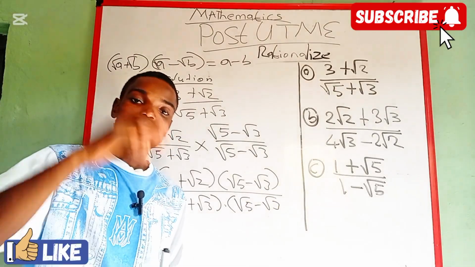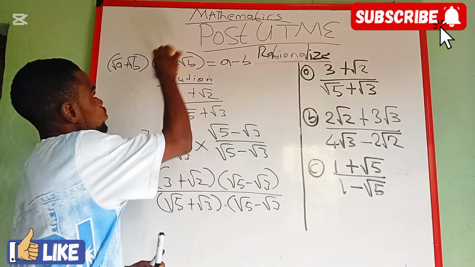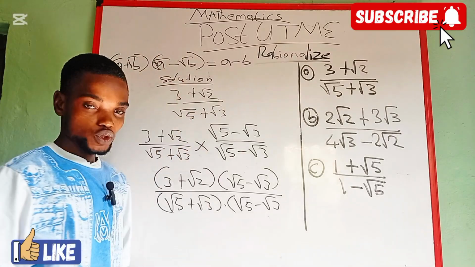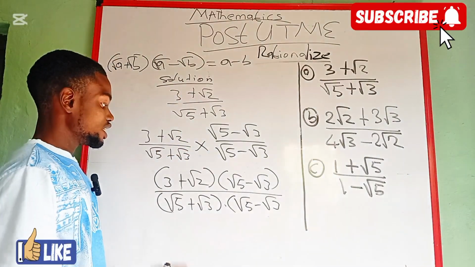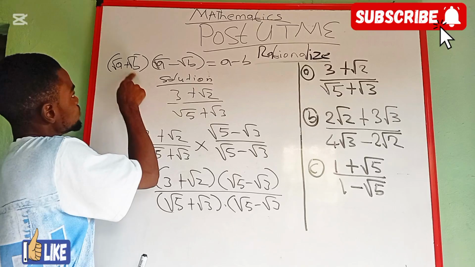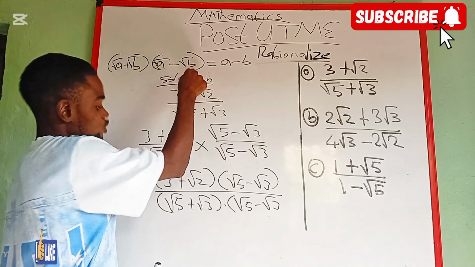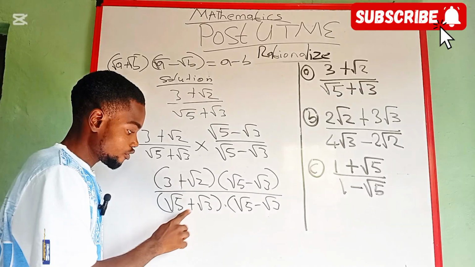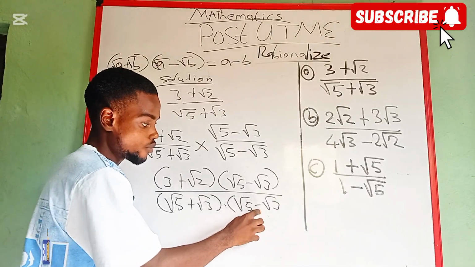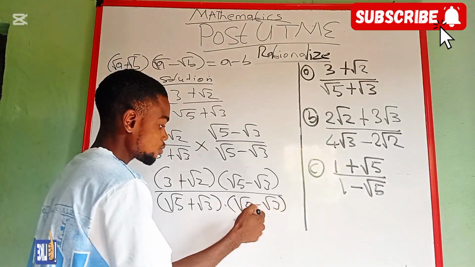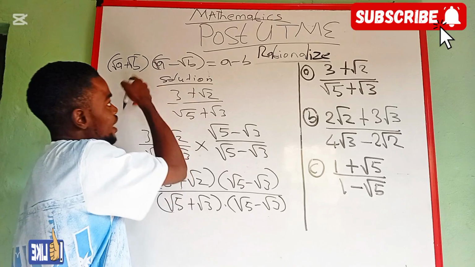Now, if you remember what I taught you over here, we have what we call conjugate of sort. Where can we find that? If you look closely, root A plus root B, root A minus root B. I have root 5 plus root 3, root 5 minus root 3.